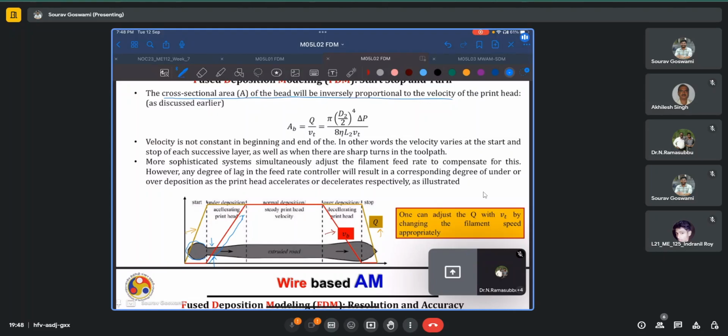However, once the steady state is reached and the steady printing velocity is achieved, the road will more or less have a uniform cross section. Of course, other process instabilities or other external factors might still introduce some fluctuations, but more or less it will be constant.